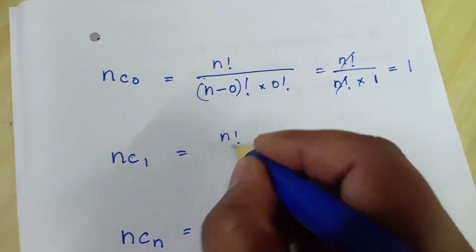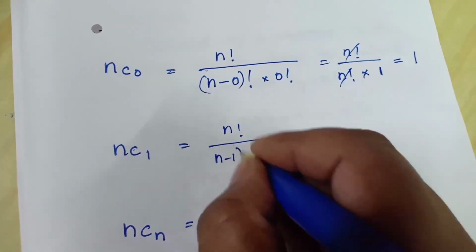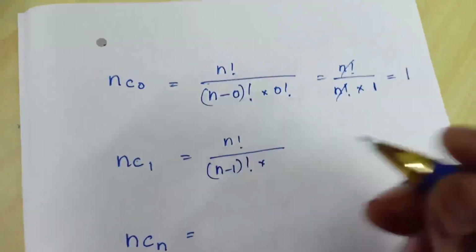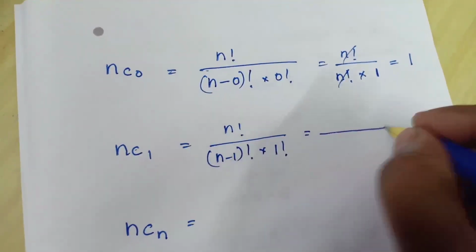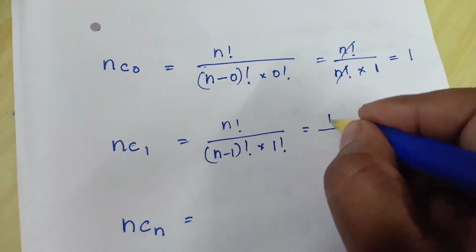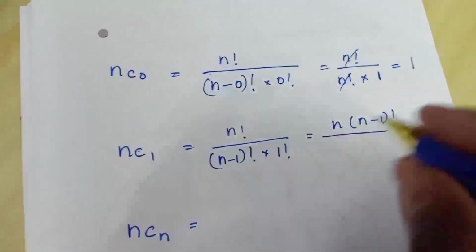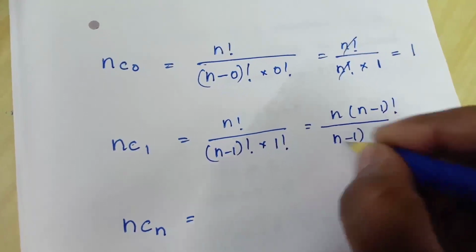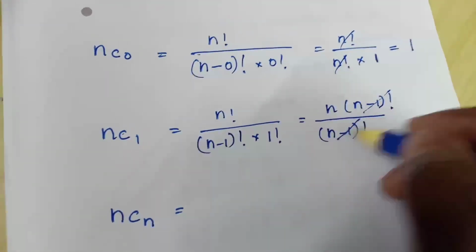In the same way, nC1. n factorial divided by, in the place of r we have 1, so n minus 1 factorial into 1 factorial. The numerator n factorial can be written as n into n minus 1 factorial. In the denominator we have n minus 1 factorial into 1 factorial, whose value is 1. So n minus 1 factorial gets cancelled.